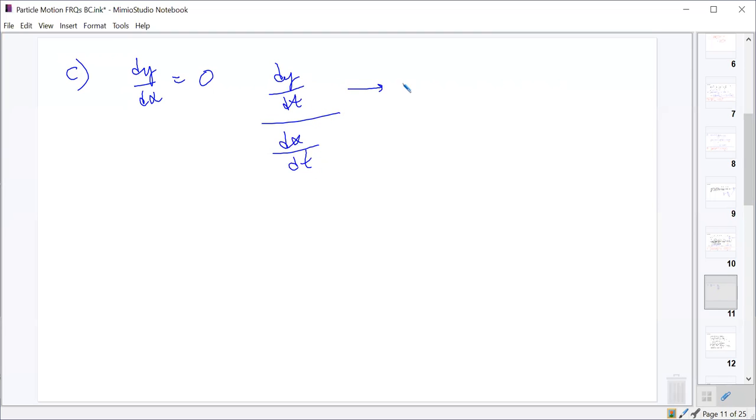which would be when dy/dt equals 0. And one important thing to keep in mind here is that we cannot let dx/dt equal 0 at the same value. So if we plug in our dy/dt, which was t e^(t minus 3) minus 1, is that right? I think that was right.